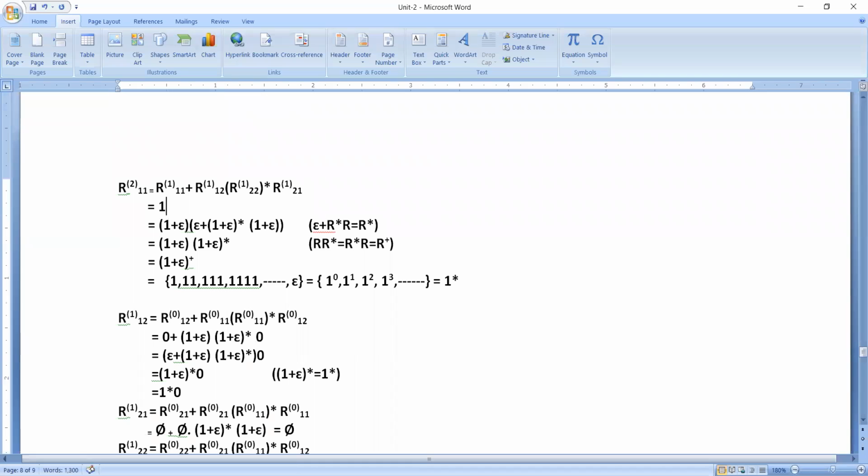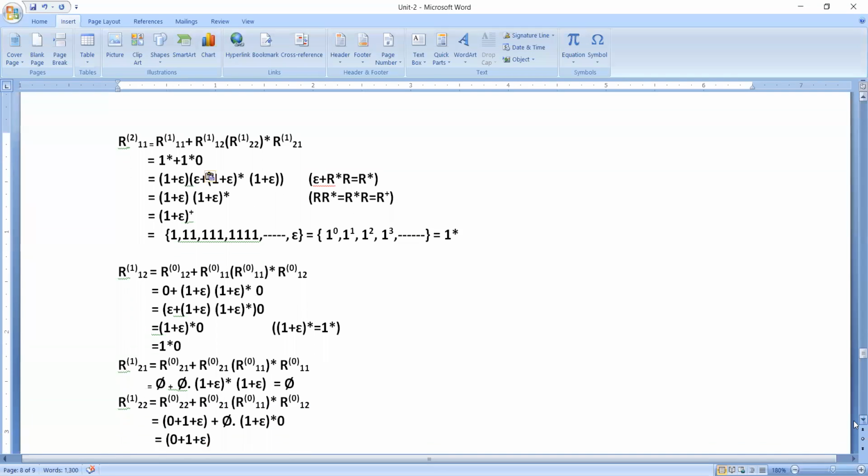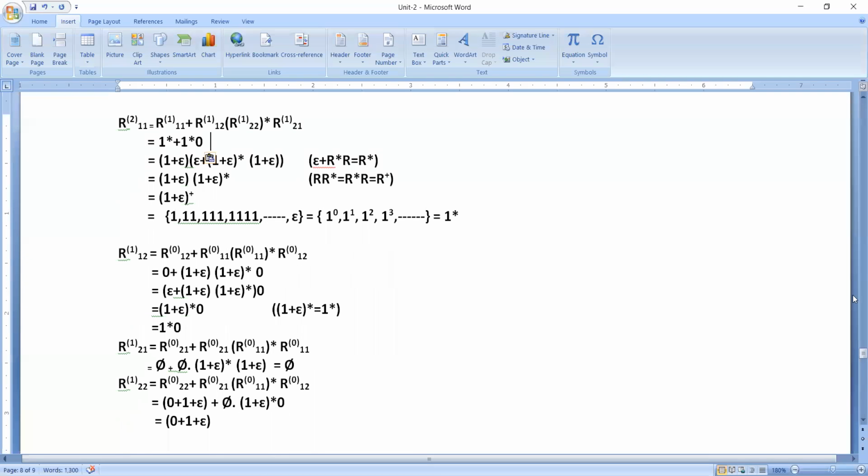It will be 1 star plus then R power 1 of 12, it will be 1 star 0 into R power 1 of 22. What is the value of R power 1 of 22? It is 0 plus 1 plus epsilon.